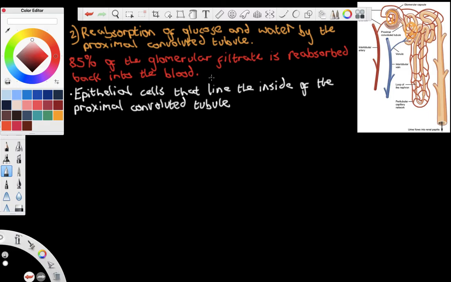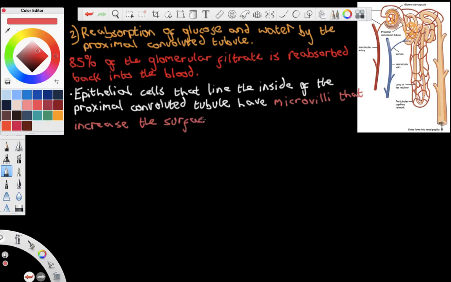Epithelial cells that line the inside of the proximal convoluted tubule have microvilli that increase the surface area for absorption of glucose and water.